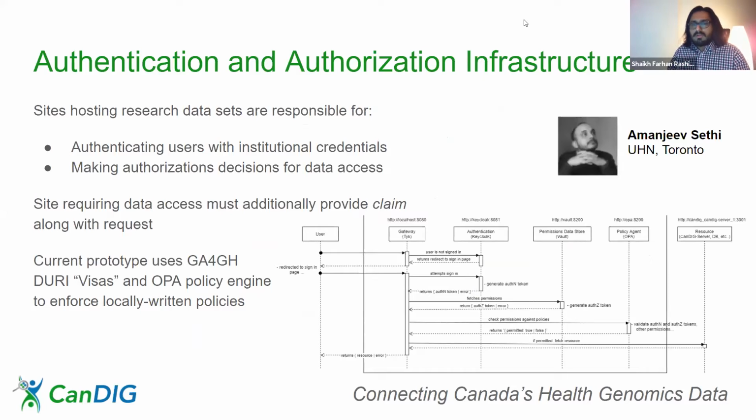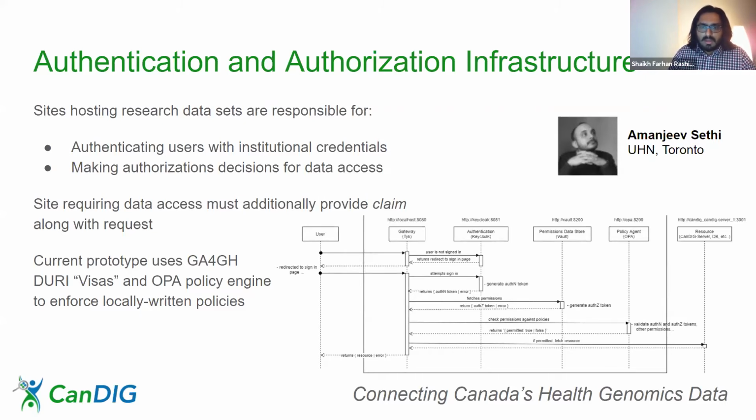So starting with authentication and authorization, in order to be able to share data between different institutions, we needed to make sure that there exists a standard method in which we could verify the authenticity of researchers, as well as respect the authorization and access control for the data being requested from the perspective of the local data site to which that request was being made.